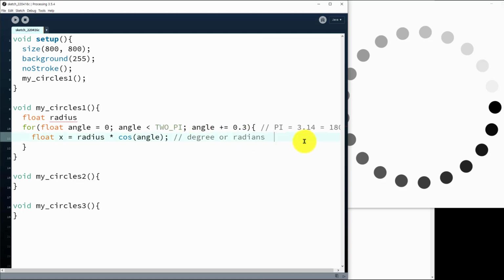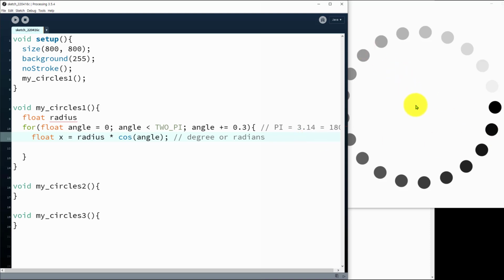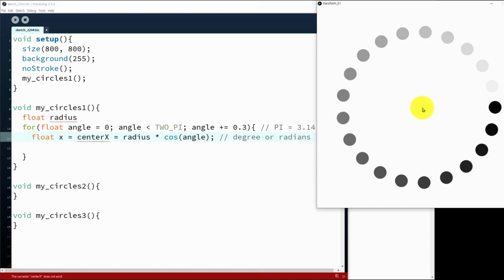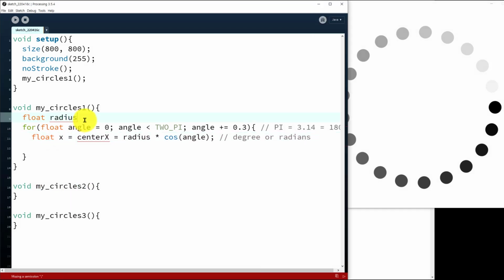Before the radius times cosine, you need to translate to the center of the canvas, so we are going to use center x. So we have to make another variable.